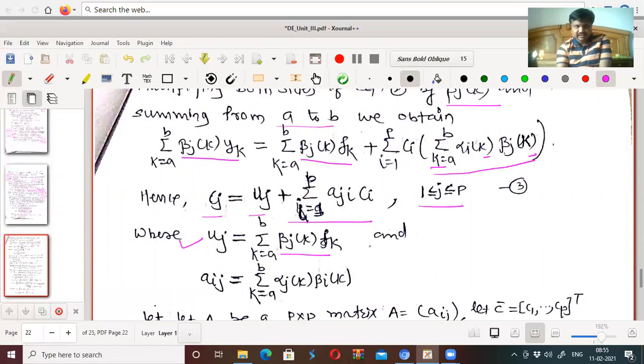This is u j we have taken. c j we have taken for this one, summation k from a to b beta j k y k, and the remaining term, summation i from 1 to p, this c i as it is, a j i we have taken in this one.